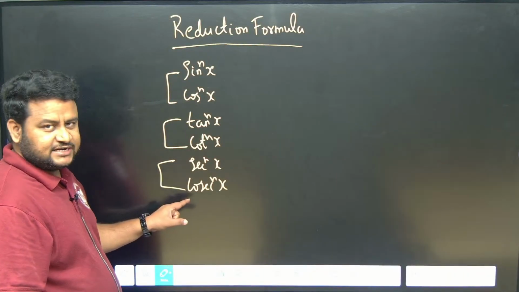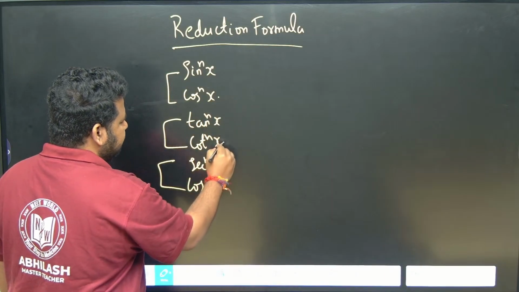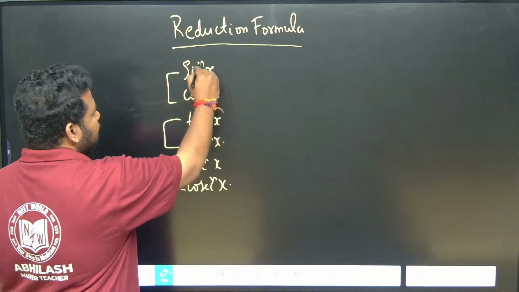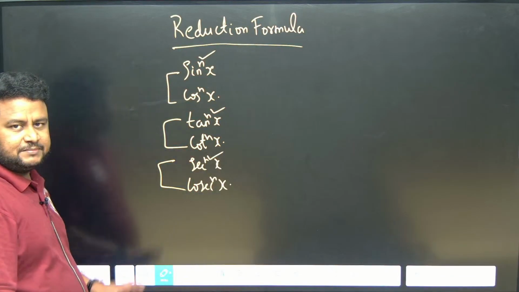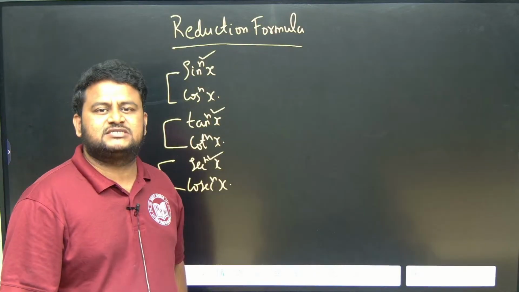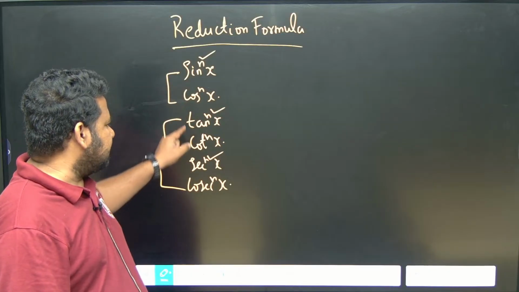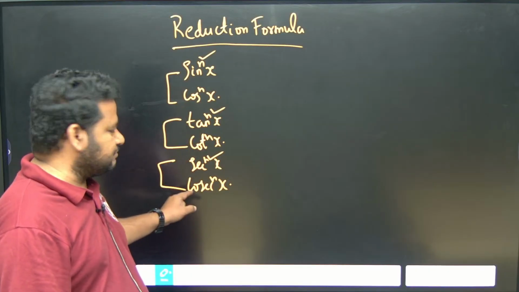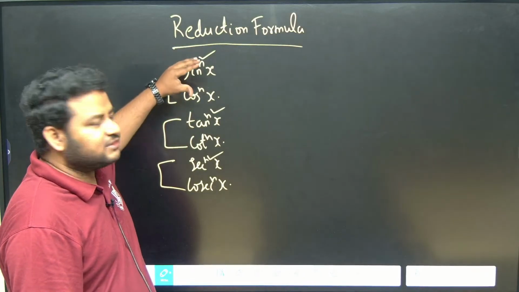So I won't be doing cos nx, cot nx or cosecant nx. I will be doing sin nx, tan nx and secant nx. The remaining things you will learn by yourself because they are similar.